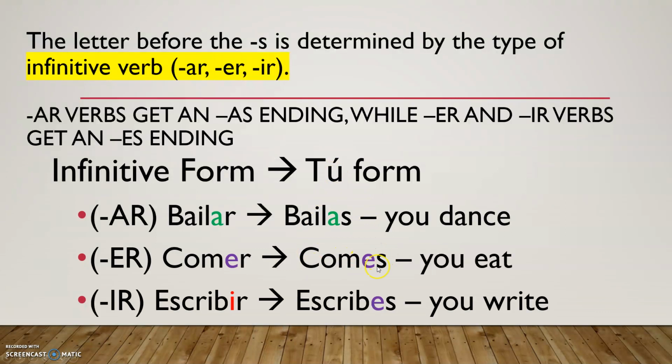Okay, so tú comes, you eat. Here's the tricky one. IR verbs like escribir also get an ES, just like the ER verbs. So escribir turns into escribes, you write. So E, I, also E, just two endings in the tú form.